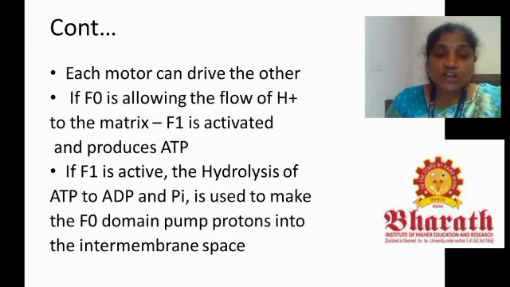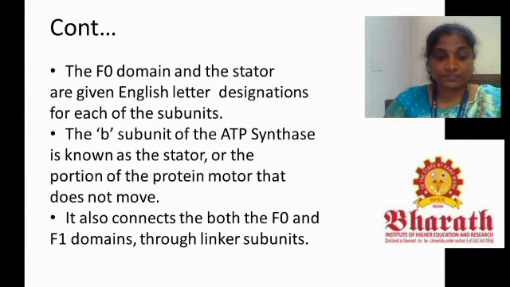If F0 is allowing the flow of H plus ions to the matrix, F1 is activated and produces ATP. If F1 is active, the hydrolysis of ATP to ADP occurs, and it is used to make the F0 domain pump protons into the intermembrane space. This is how the two motors work together.